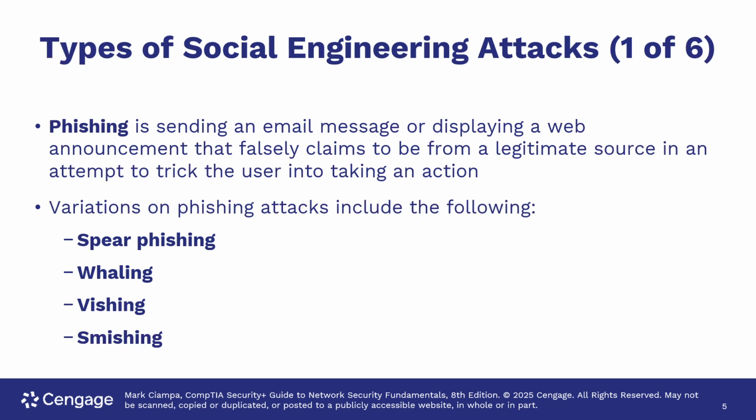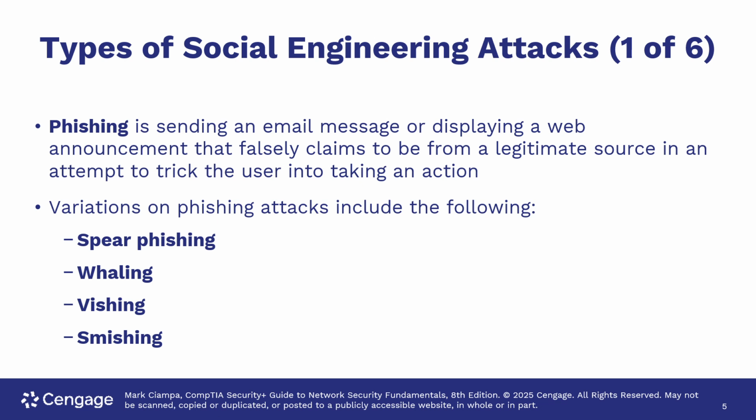So phishing, spelled with a P, is sending out an email message or displaying a web announcement, falsely claiming to be from a legitimate source, in an attempt to trick the user into taking an action. This is usually a preface from most of all the spam mail that everyone gets nowadays. The variations on phishing attacks include the following: spear phishing, whaling, vishing, and smishing.